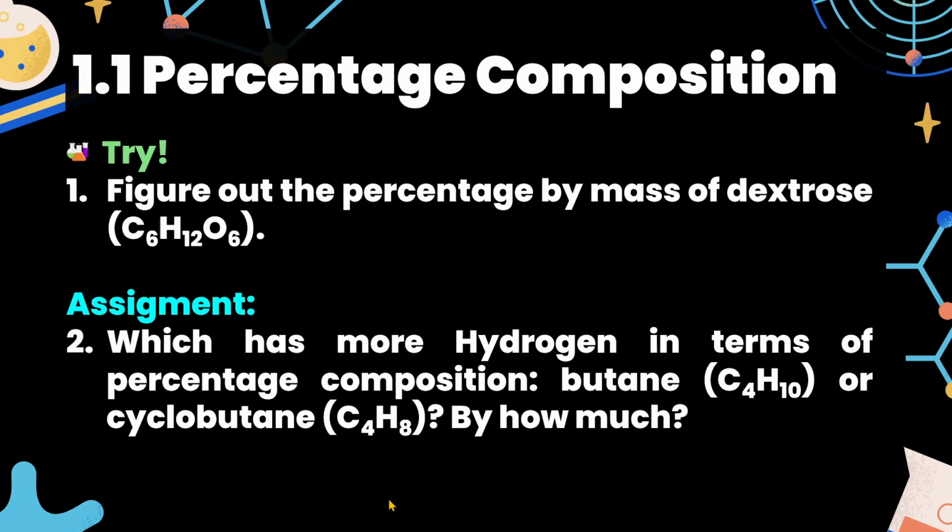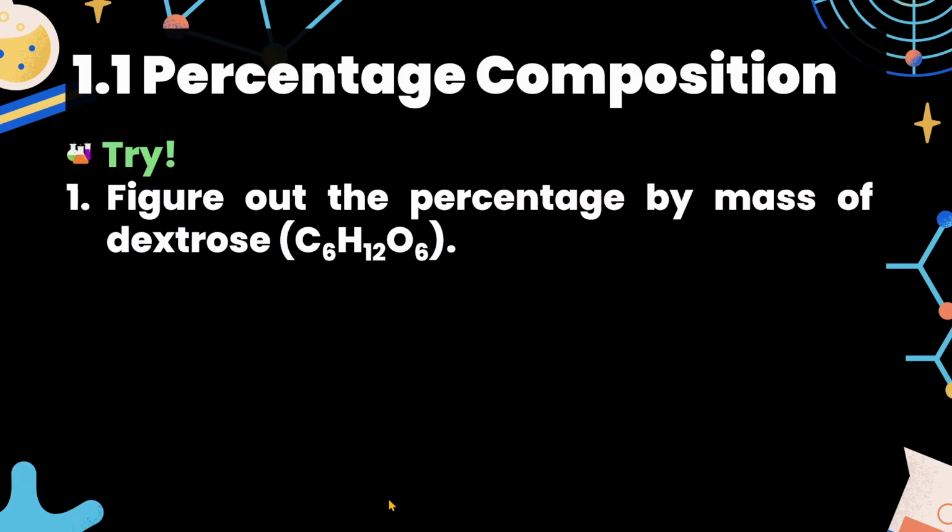Okay. For number 2, this will be your assignment. Have to submit it by the next week or next meeting, which is on Wednesday or Thursday. For number 1, let's solve for this problem. First, let's calculate the molar mass of dextrose.